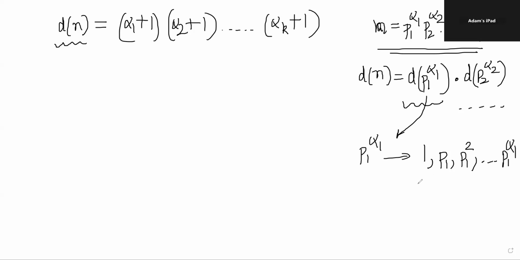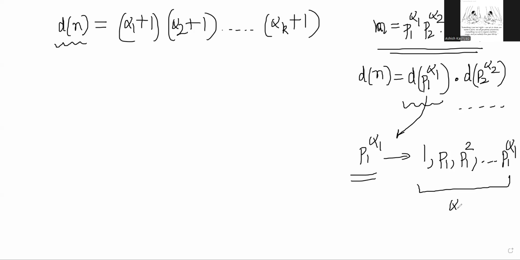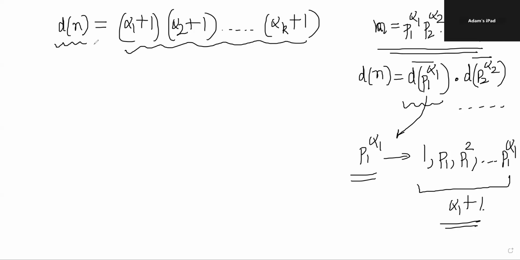All of these are divisors of this number. So you can clearly see that this is alpha plus 1 divisors. Correct? And because it is multiplicative, we multiply every one of them and we get this answer for d of n, right? I hope you are understanding.